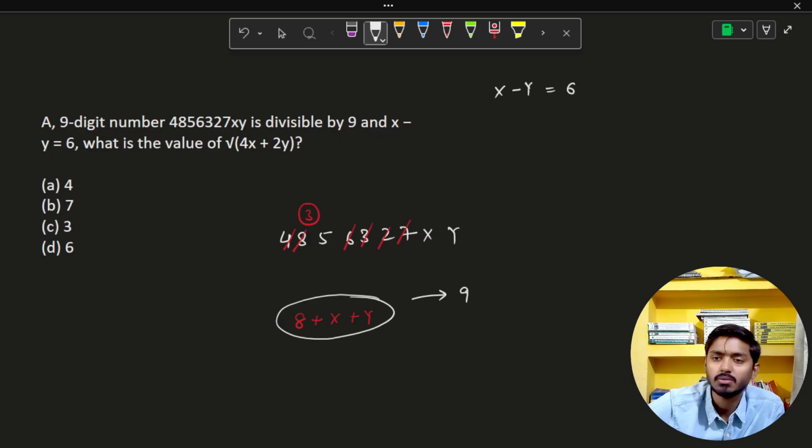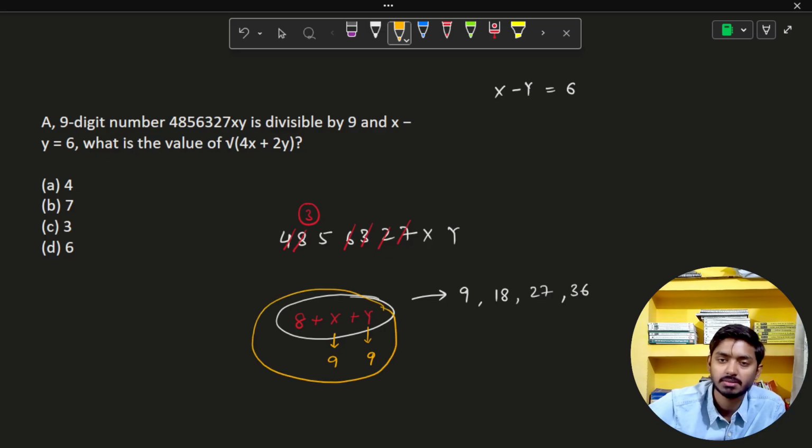So the sum could be 9, 18, 27, 36, whatever. Well, we can very clearly see that the maximum value for x could be 9, the maximum value for y could be 9, and if we check, the maximum value 8 plus x plus y can have is 26. So we would eliminate 27 and 36, all of these.